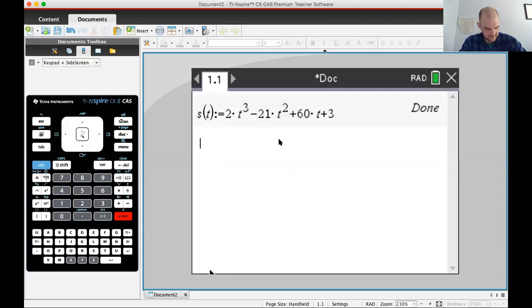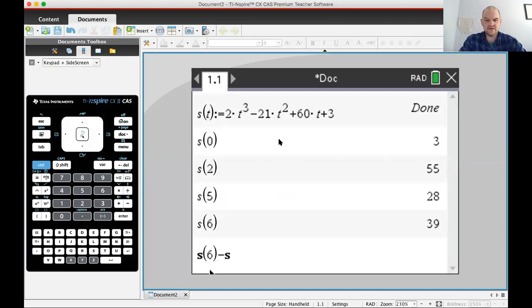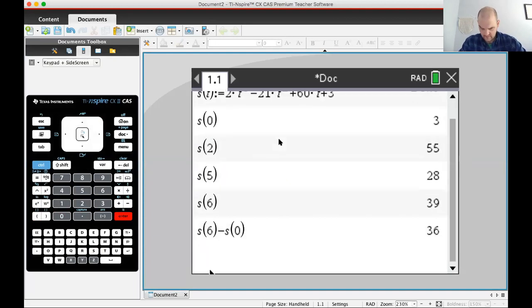All right, so what could I do? s of 0, s of 2, s of 5, s of 6. All right, those were all right. Then for displacement, I just needed to do s of 6 minus s of 0, which is what we got.